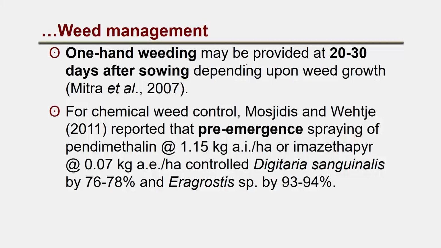One hand weeding may be provided at 20 to 30 days after sowing, depending upon weed growth, because this is a very critical period. At this period there should not be any weeds.